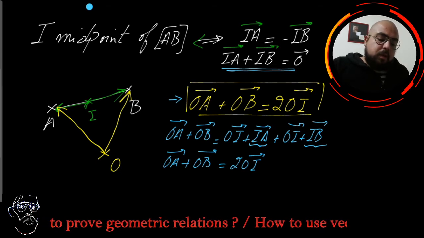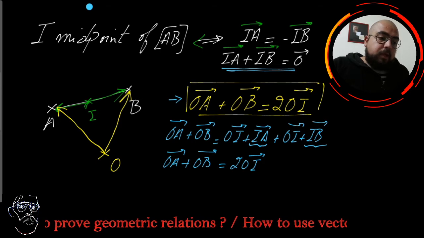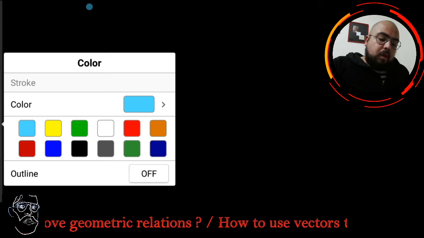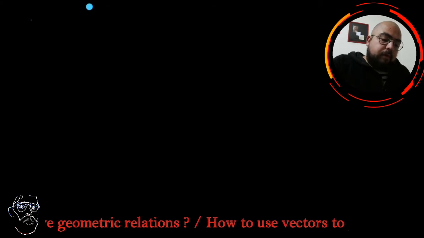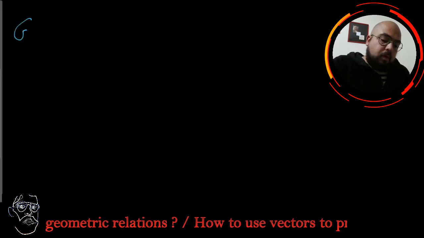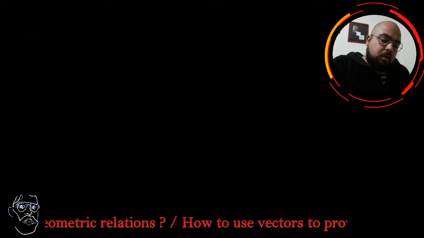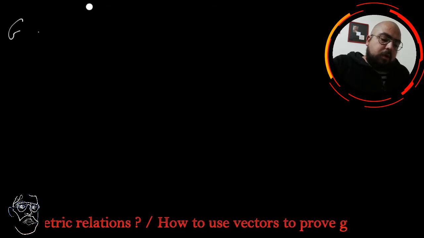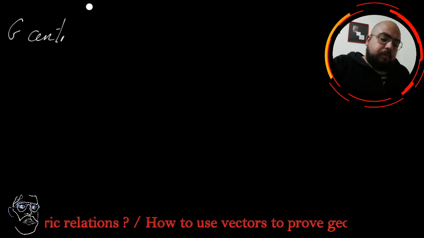Now, what is the last one? It's related to the centroid of a triangle. So let's say we have G, the centroid of a triangle.